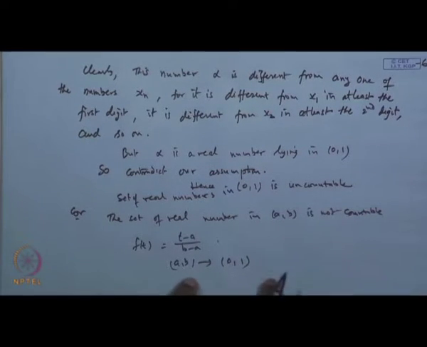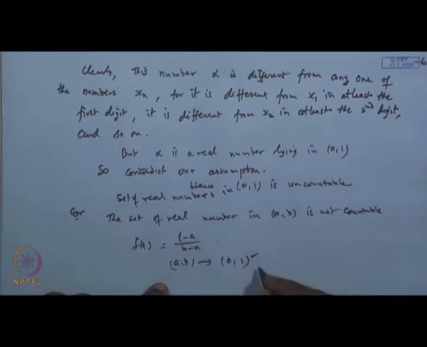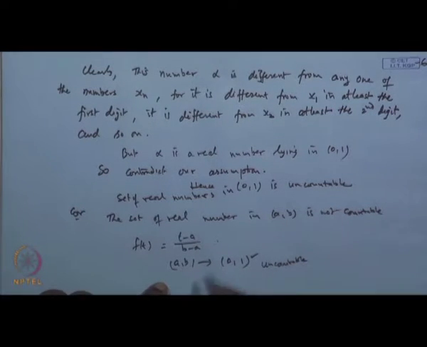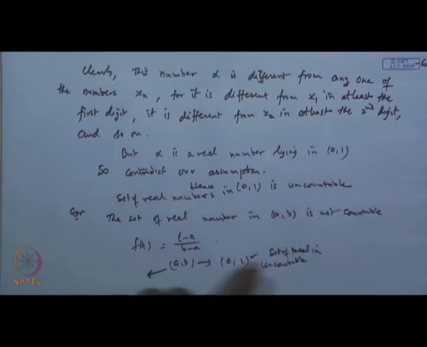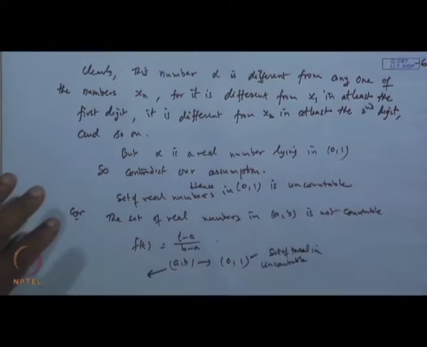And this is a 1-1 mapping, and the interval 0 1 is uncountable. So, the set of all reals in the interval a b is also uncountable.